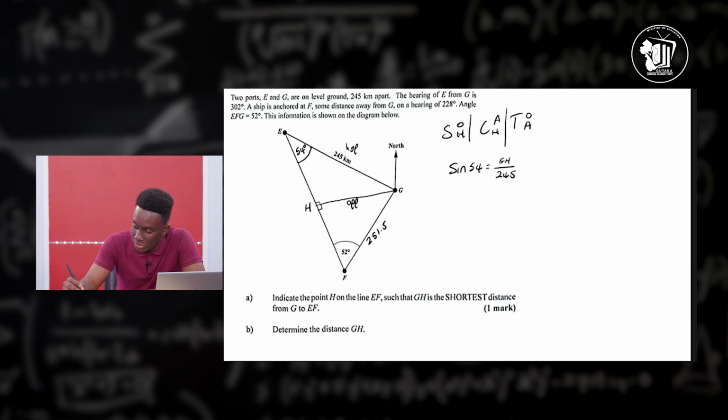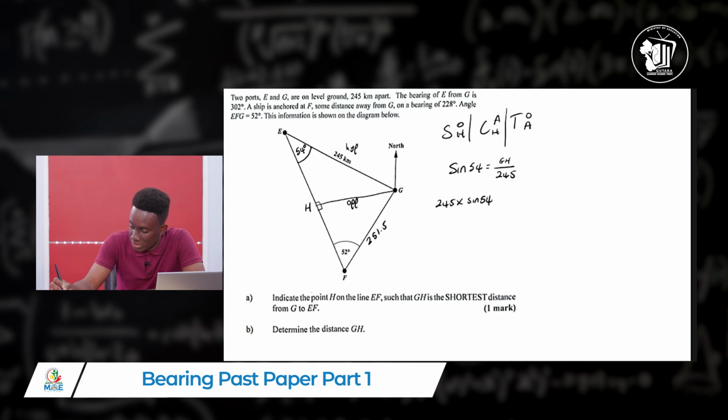So 245 multiplied by sine 54 is equal to GH.